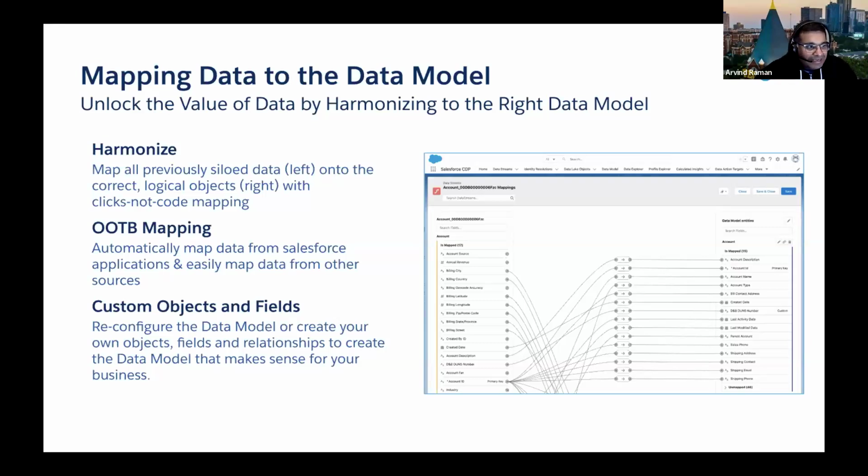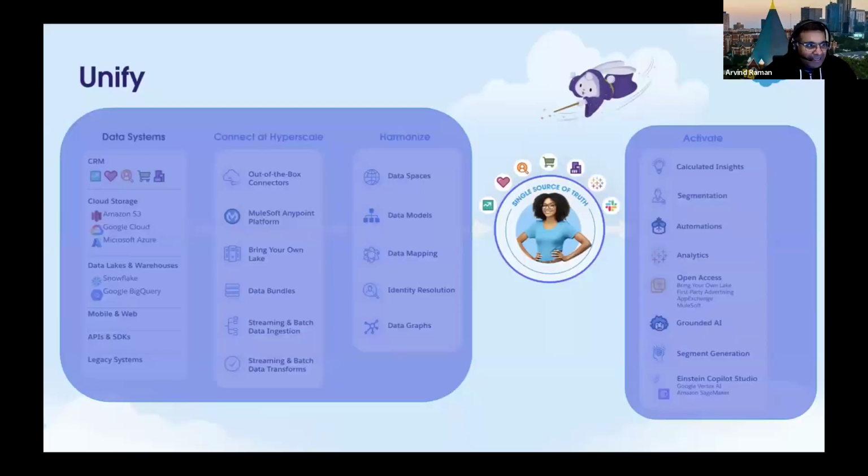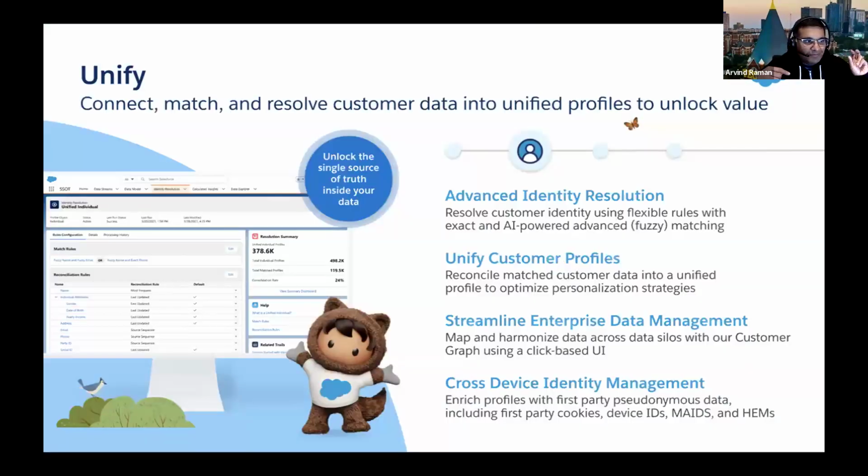And once you get all that data in, we basically can unify it. And now, what does the word unify mean? Using a combination of prescriptive as well as fuzzy logic, you can start to say, all right, this contact from my CRM and this subscriber from my Marketing Cloud instance are really the same person or the same individual.